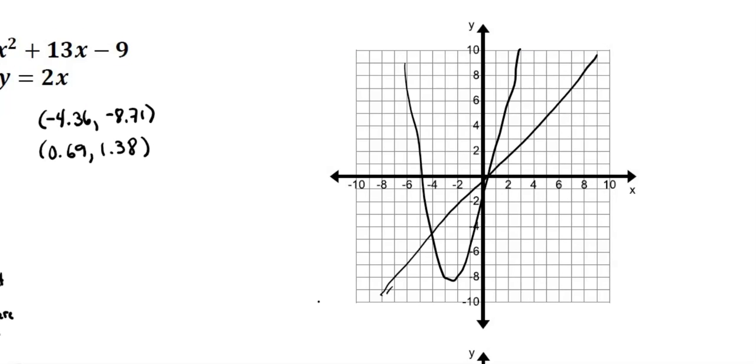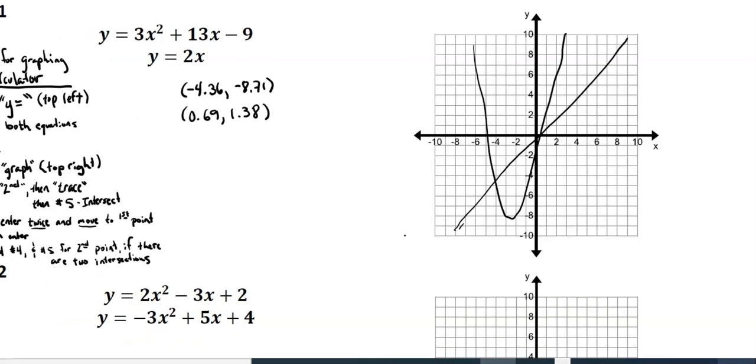And so then we can see what this thing looks like. These are our 2 points of intersection. Those are our 2 solutions.